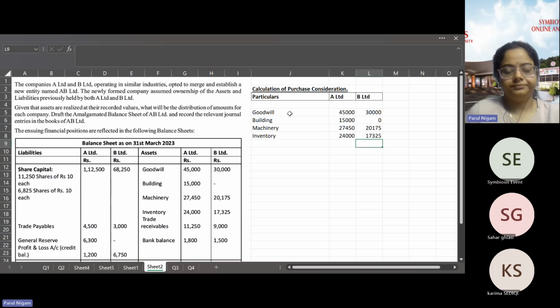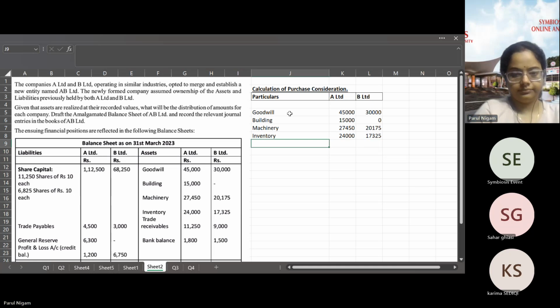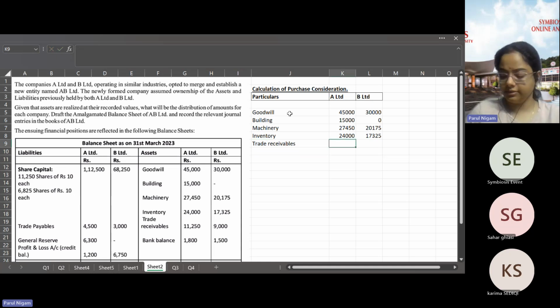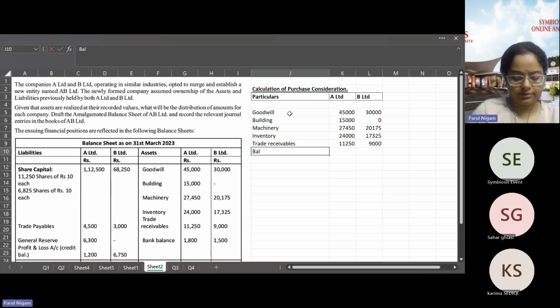Then trade receivables, all the assets. We are going to consider all the assets unless it is specified that you're not taking a particular asset. We assume that everything is being taken over. Okay, trade receivables, then your balances with bank.